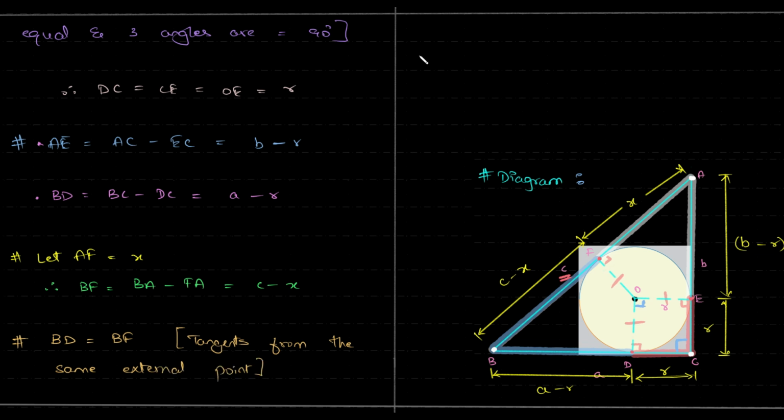And so we have C minus X is equal to A minus R. So I'll get an expression for X. C minus A plus R is equal to X.